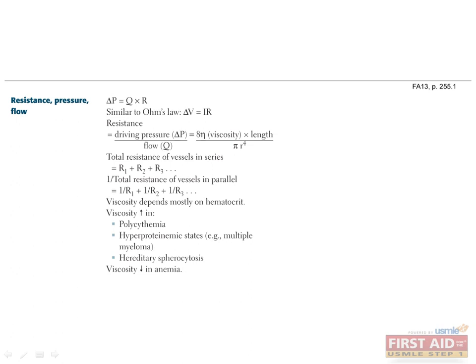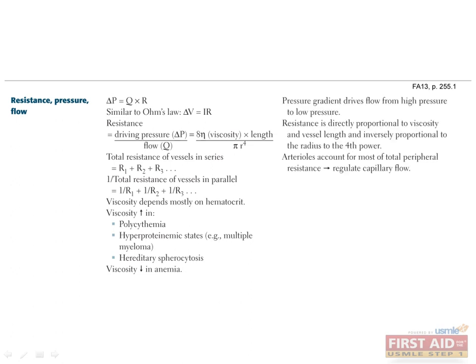If blood becomes more viscous, maybe because there are more blood cells or more protein, resistance to flow will increase. In order to keep flow the same, the body has to respond by creating higher pressures, which explains the hypertension normally seen in these states. For total peripheral resistance, most of it is a result of the arterioles, and this regulates capillary flow.